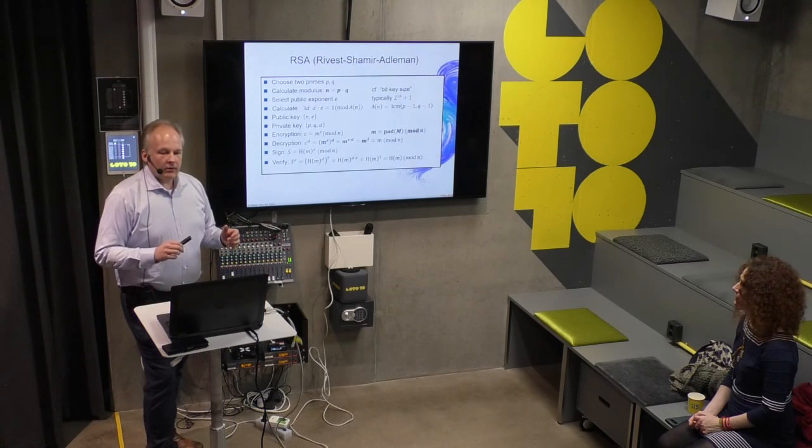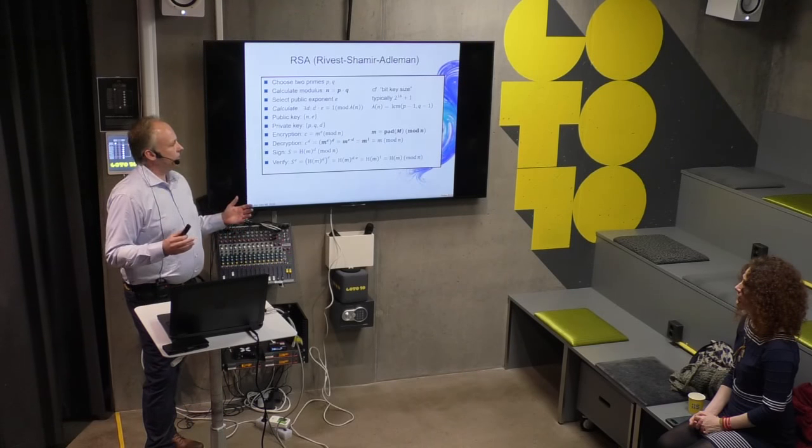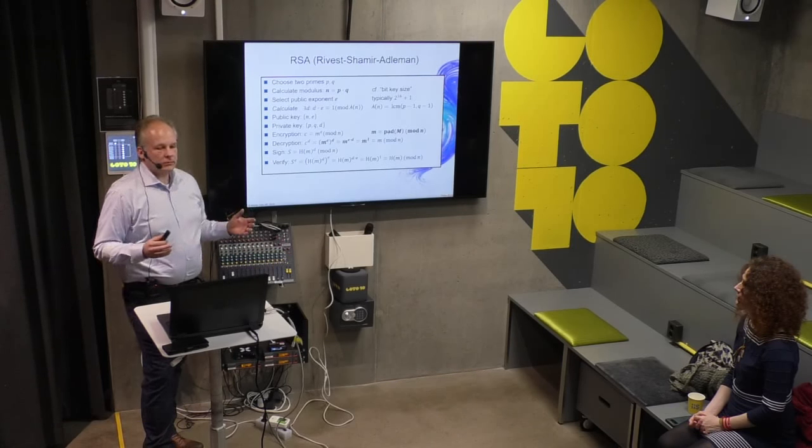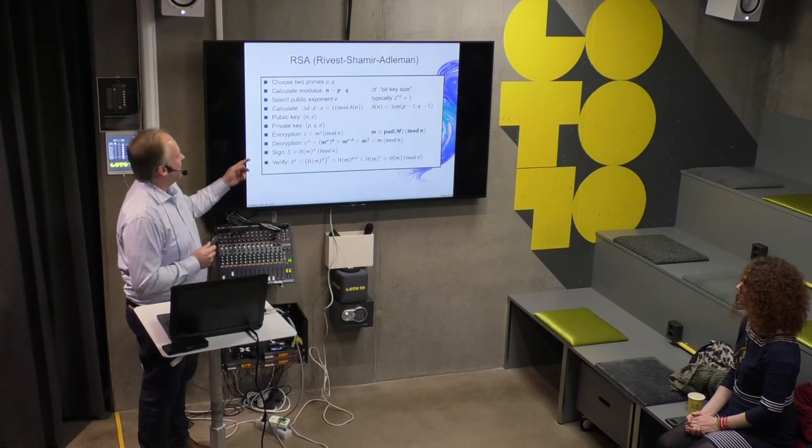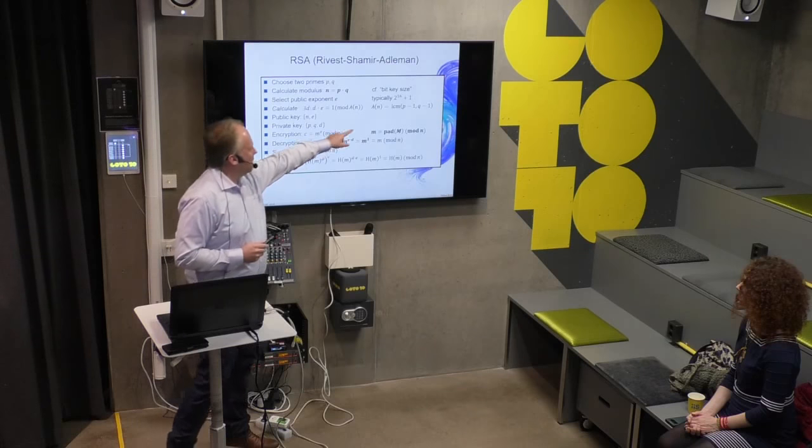So the RSA algorithm is based on the discrete logarithm problem. It's actually three problems. You have the integer factorization problem, the discrete logarithm problem, and then I forgot the name of this function.